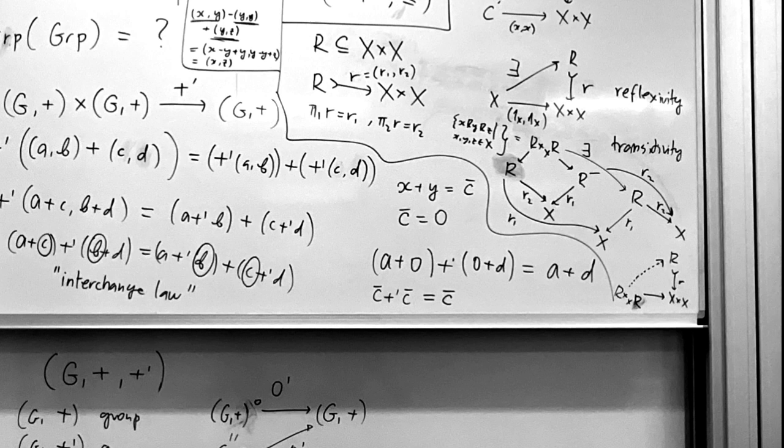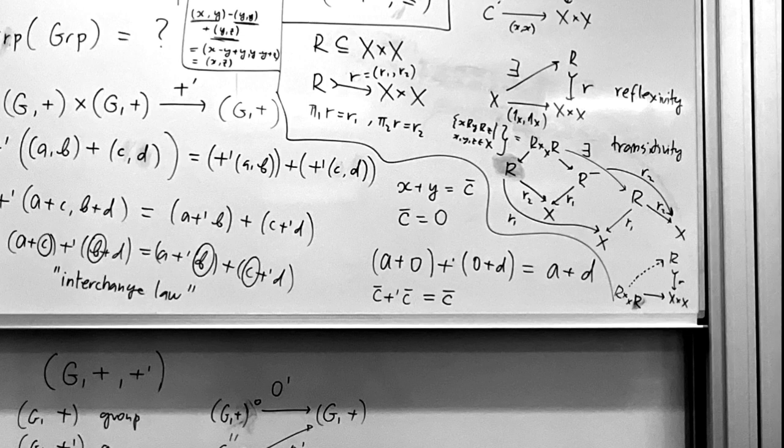Yeah. So what happens in that case? In that case, the interchange law becomes c plus' c. So this will be c, that will be c, that fixed c, and maybe I can call it c bar, to distinguish it from the other one.